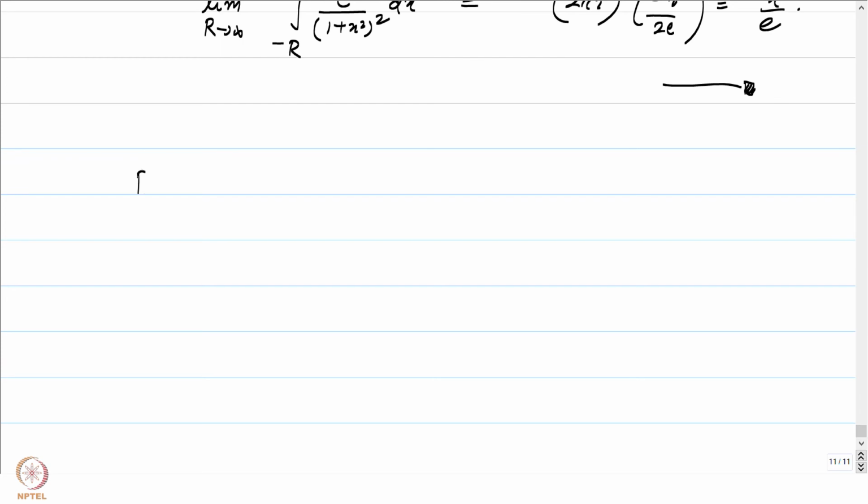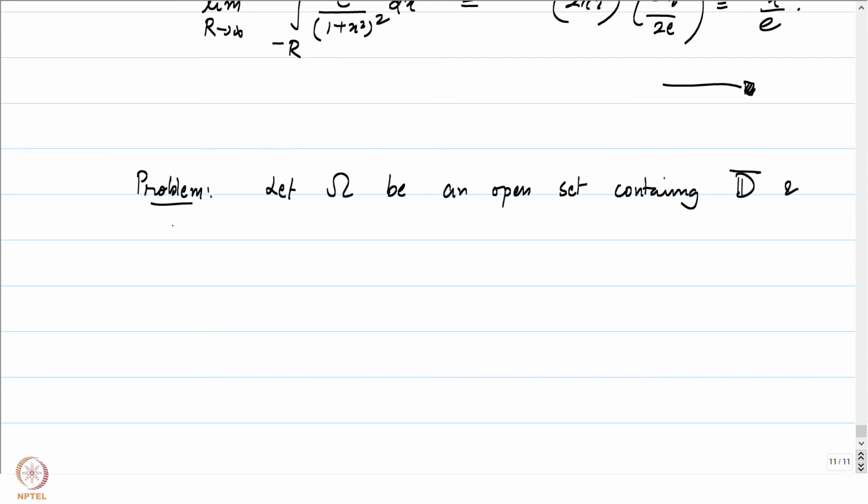Of course, let me write down the problem and then we will see. Let omega be an open set which contains the closure of the unit disk, d bar, where d bar is the closure of the unit disk, and let f be holomorphic on omega.